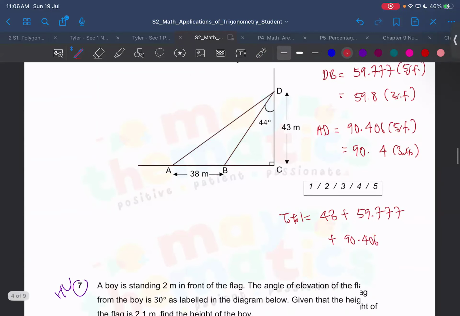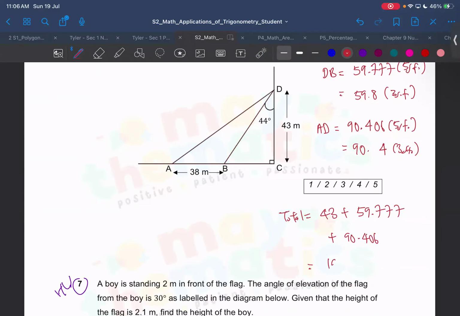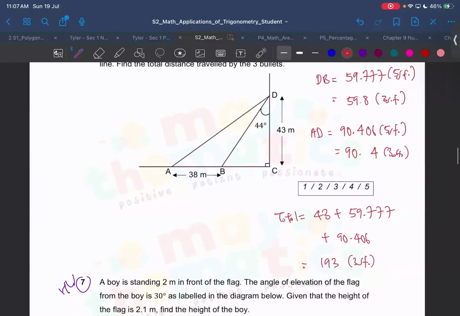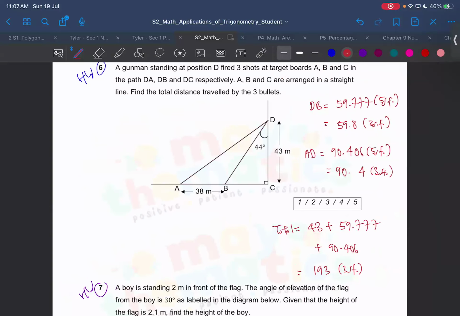Then your final answer should be 193 in 3SF. Okay, can y'all check? Did y'all get 193? Mirabel, you got 193? I got 193.2. That means it's correct, but you must leave it in 3SF.